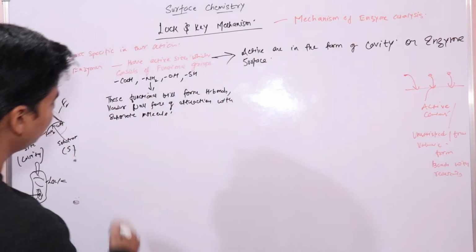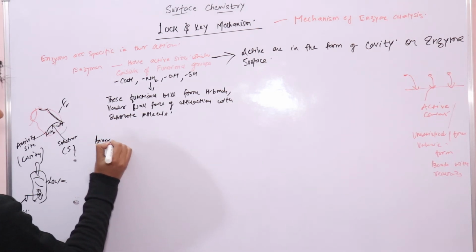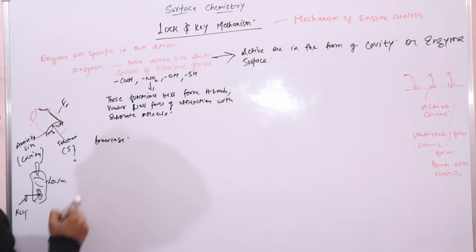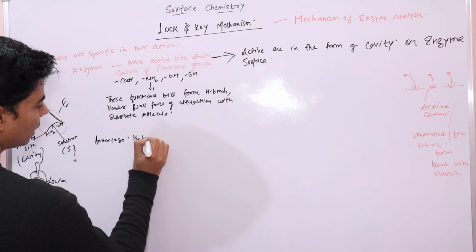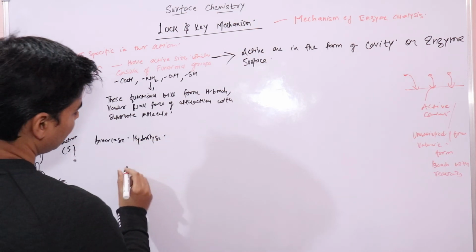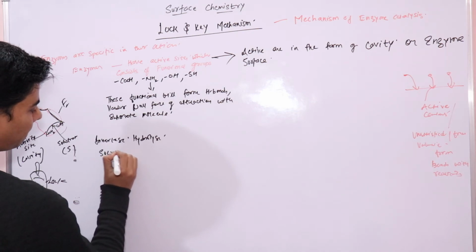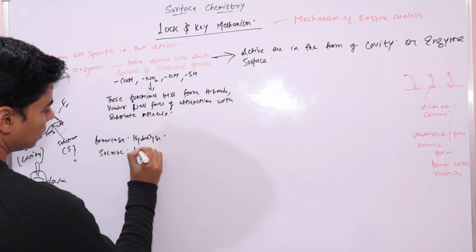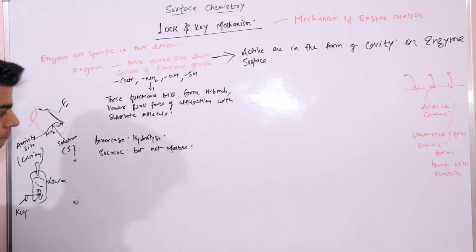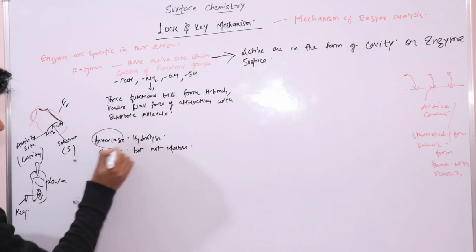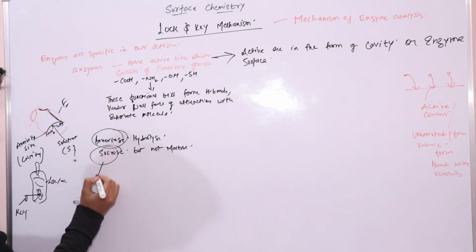Like we said, invertase is an enzyme which hydrolyzes sucrose but not maltose, because invertase has a cavity that can only fit sucrose.